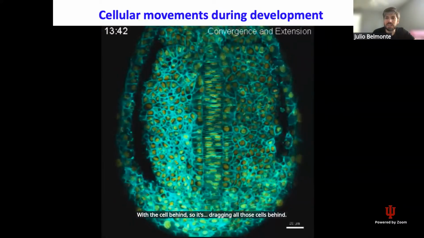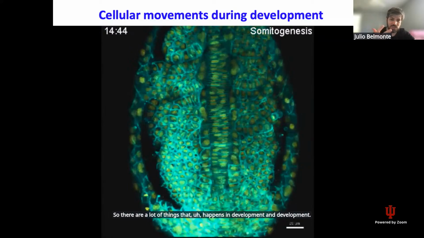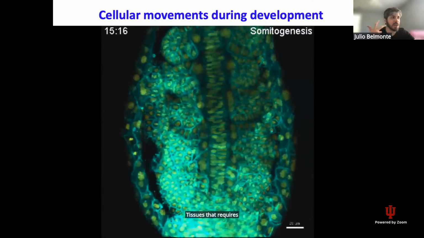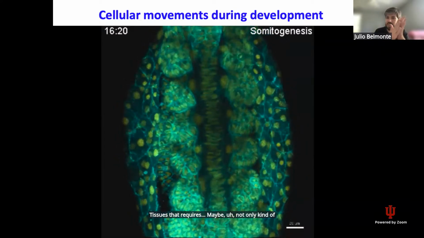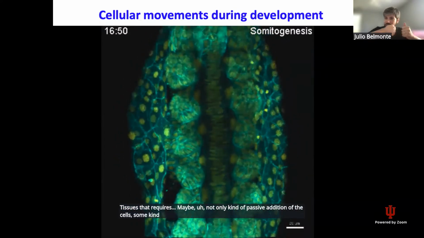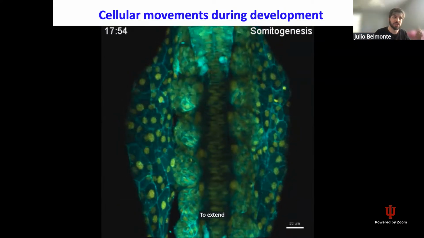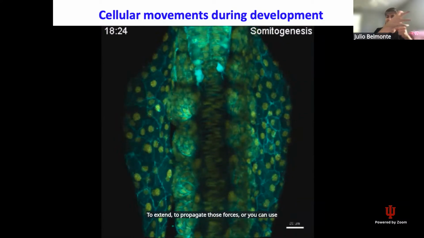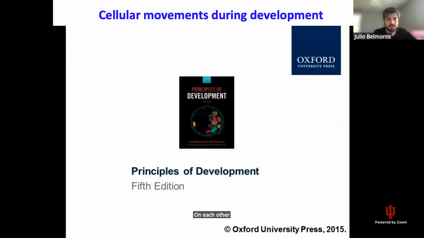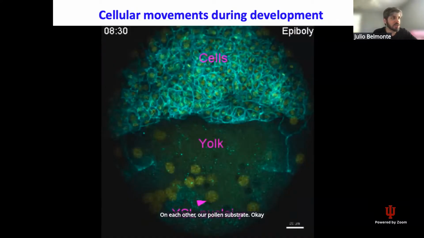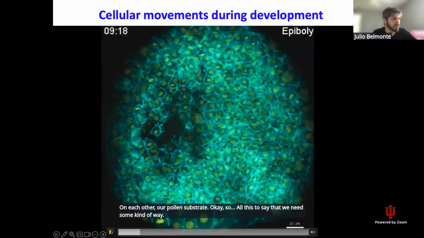So there are a lot of things that happen in development of tissues that require not only passive addition of the cells, some kind of preference in contact, but actually the cells must be linked to propagate those forces, or you can use those links to make the cells pull on each other or pull on the substrate.